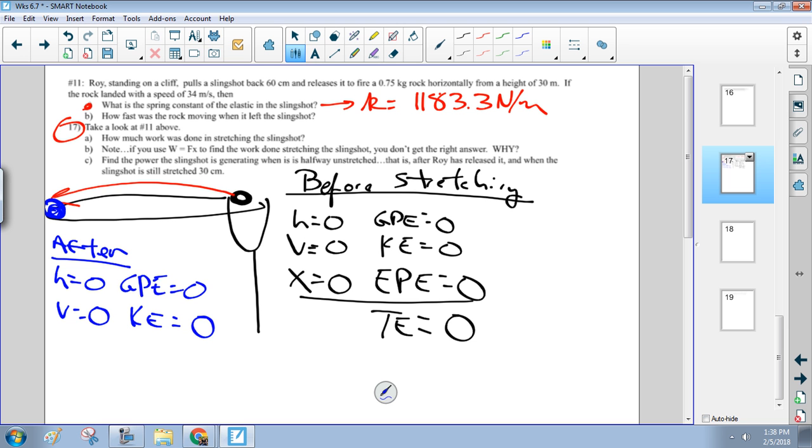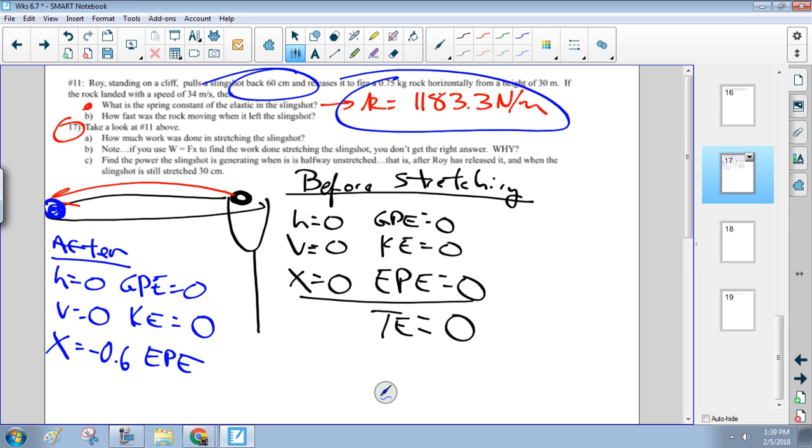The biggest difference is that now we've stretched it, so there's elastic potential energy. The problem tells us that he pulls it back 60 centimeters, so our x is negative 0.6. If you find the EPE using that as x and the k from number 11, the EPE ends up being, I think, 213 joules.